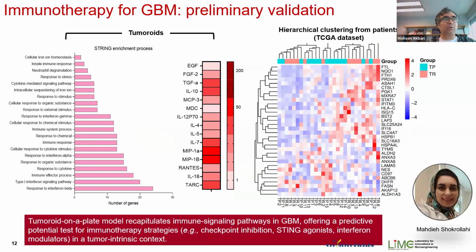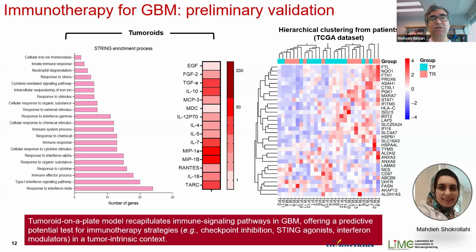One other thing we wanted to do was to see whether we can recapitulate the immune signaling pathways, and whether this platform, in its current condition and complexity, can be used for modeling immune signaling pathways in glioblastoma, as a predictive model for immunotherapy applications.